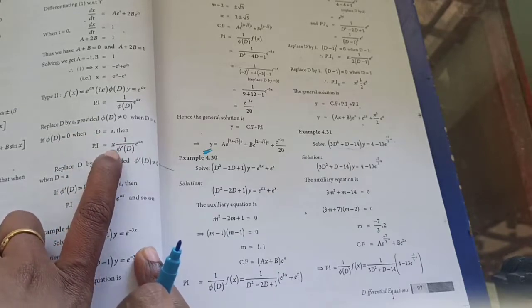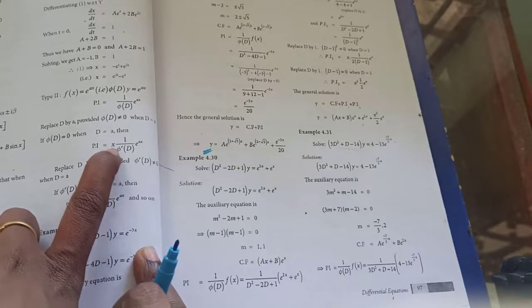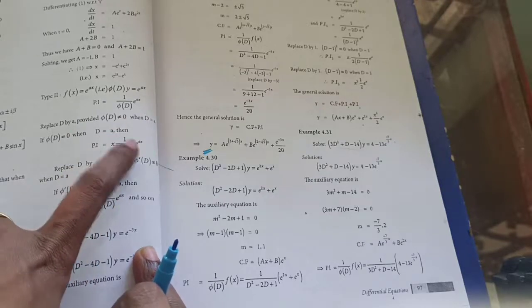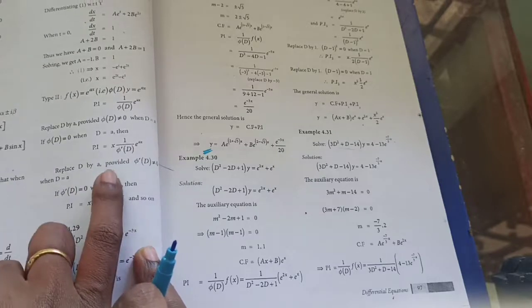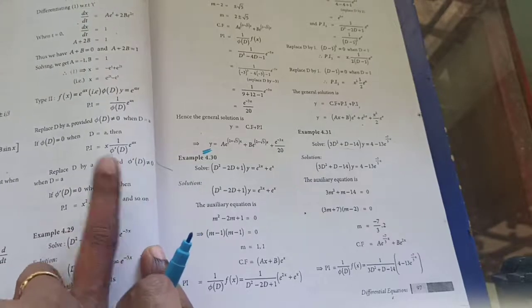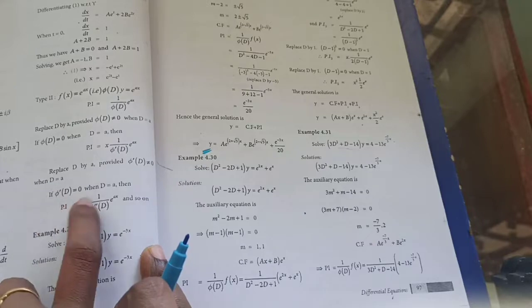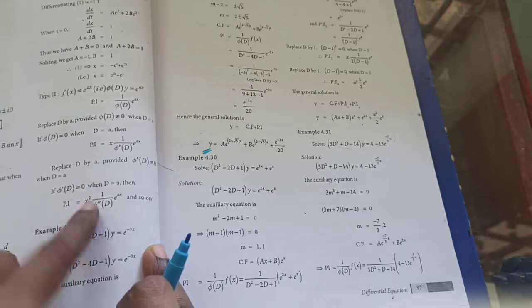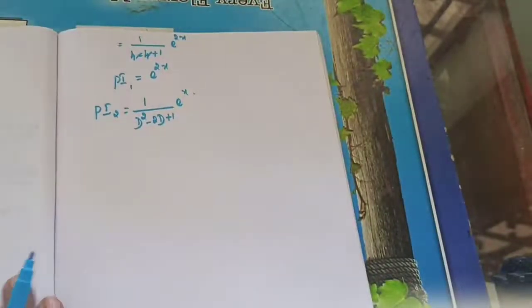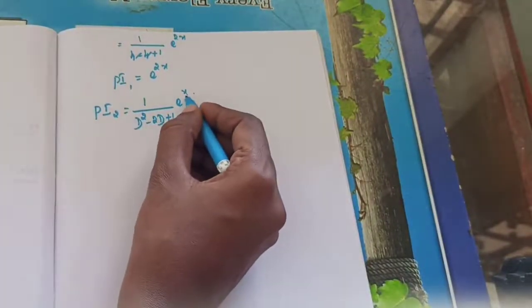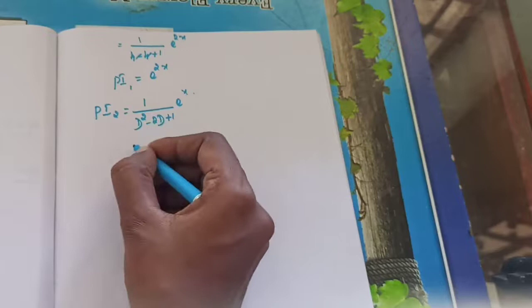See here. X into 1 by phi dash of D into e power x. Again when you substitute D equal to a, if phi dash is not equal to 0, divide with this one. If phi dash of D is again 0, you will write as x square. According to that we need to do this. So here if you substitute 1, this changes to 0.